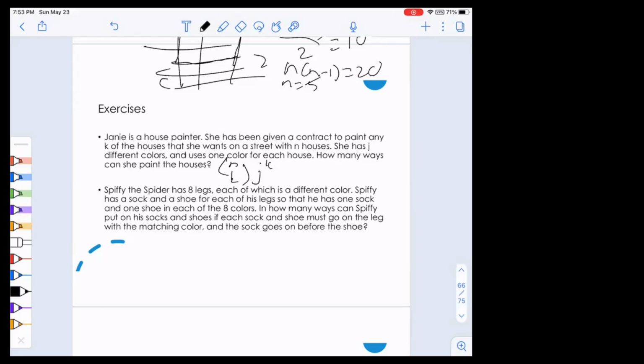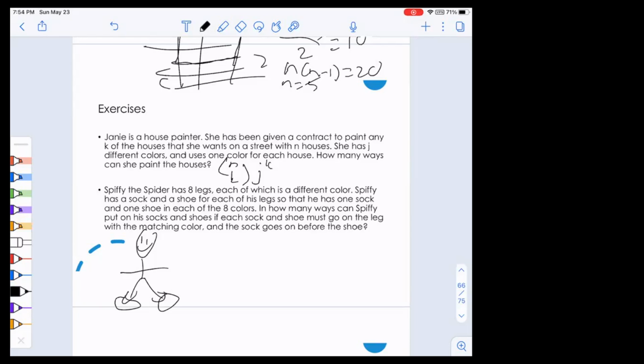First we're going to pretend that we have a person with 2 legs. They have one sock and one shoe that they must put on each of their legs. So you have a left sock, a left shoe, a right sock, and a right shoe. How many ways can you put on your socks and shoes if each foot's sock must go on before the shoe?